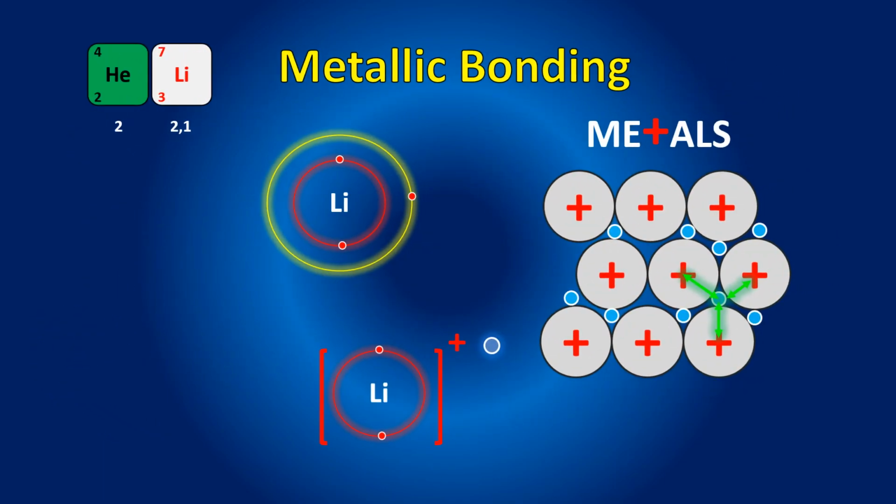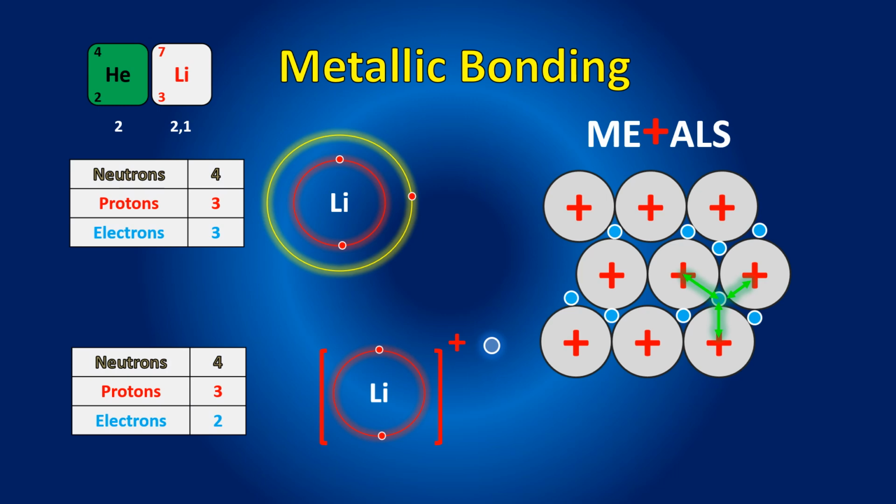The final type of bonding is metallic bonding. So again, we'll go back to lithium. Looking at that as an atom, 3 and 3, so 3 protons, 3 electrons. They're neutral overall because the number of positive protons and negative electrons are balanced. Metals lose electrons when they bond, so each lithium atom will lose an electron and it becomes delocalized, which means it can flit about the structure.